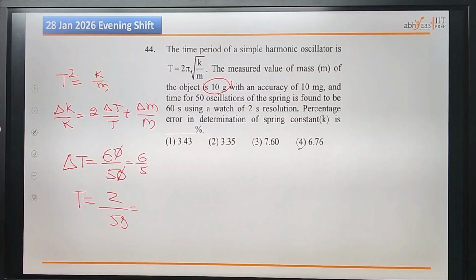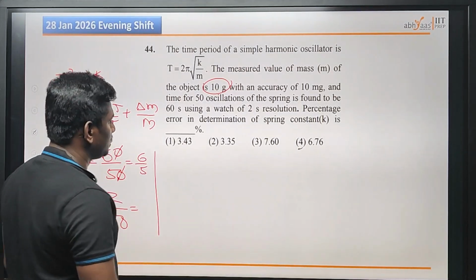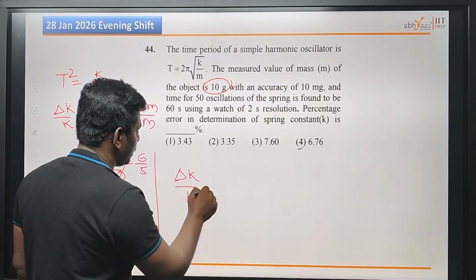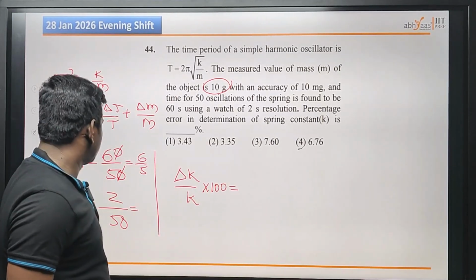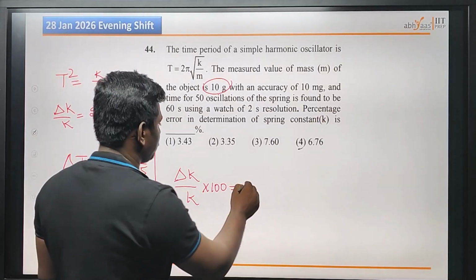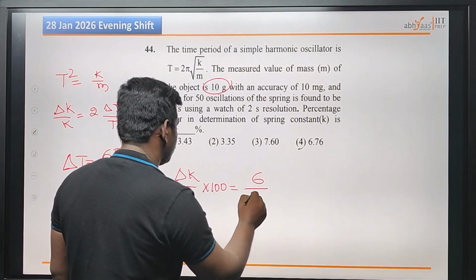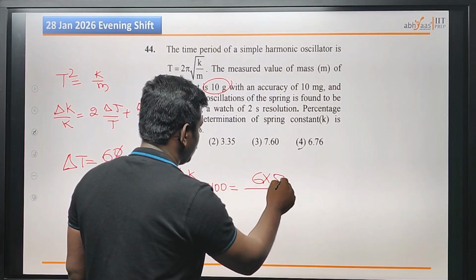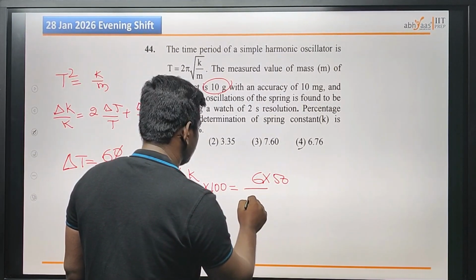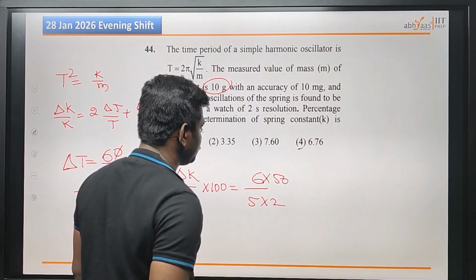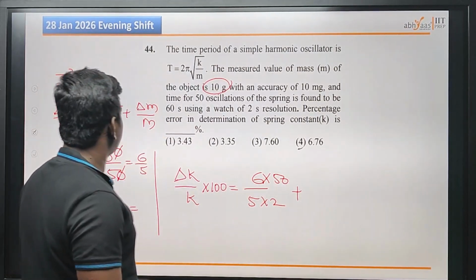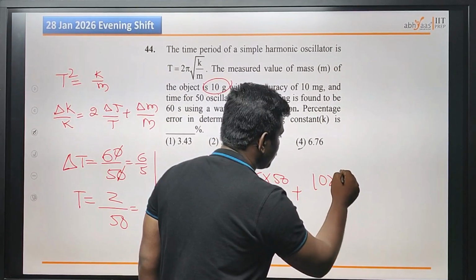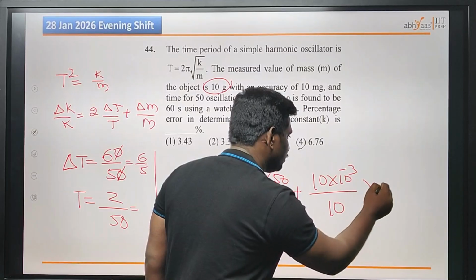Substitute: percentage error, delta K by K into 100, that is nothing but 50 by 5 into 2 plus delta M. Delta M is nothing but 10 into 10 to the power minus 3 by 10 into 100.